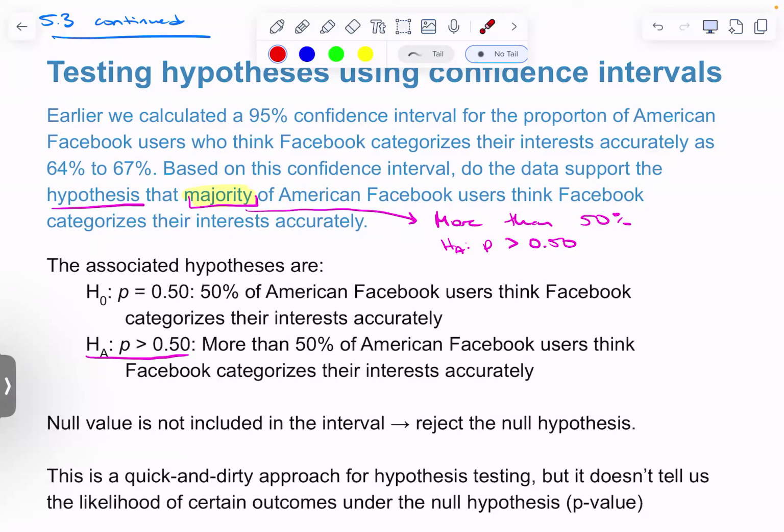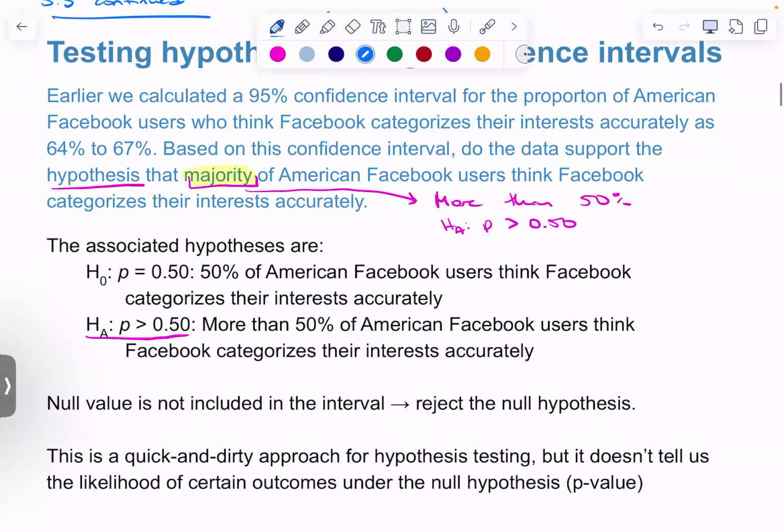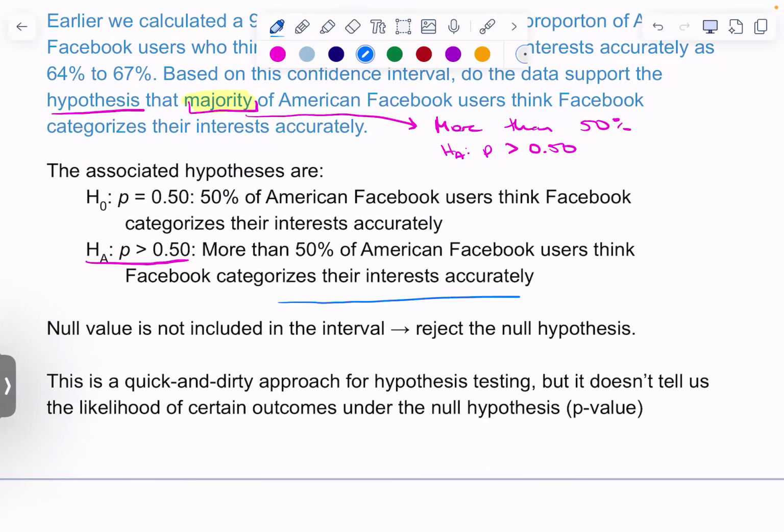Now, when I ask you to use a confidence interval to test a hypothesis, you will still need to state your null and alternative hypotheses, but usually the easiest way to check it is to draw a number line. P is between 0 and 1, so proportions are between 0 and 1, and we have our hypothesized value of 0.50.